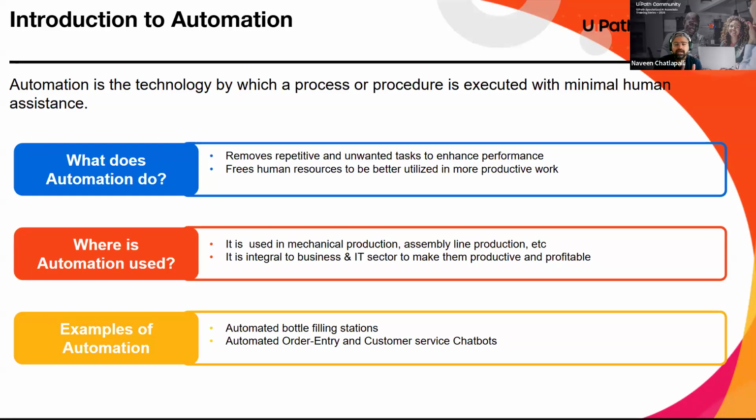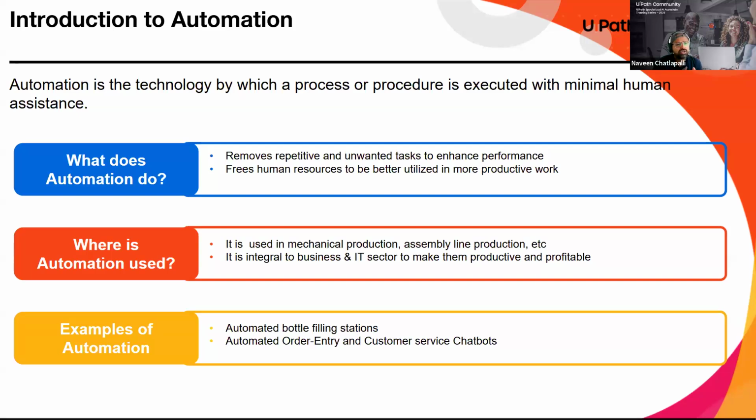A human spends a certain amount of time, and if the task can be automated within a couple of seconds or a couple of minutes, that means you are saving that time, which can be leveraged in other tasks. Humans can spend their time and efforts on much more effective and useful tasks, which is a big game changer for anyone. That is what automation is achieving here.